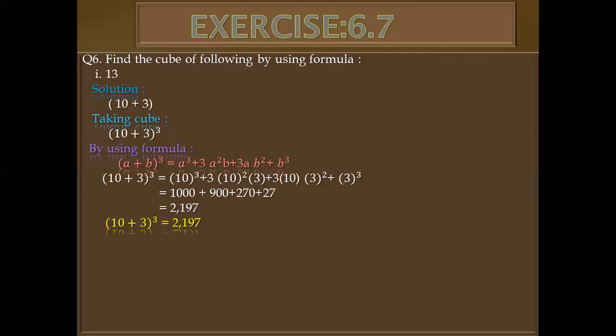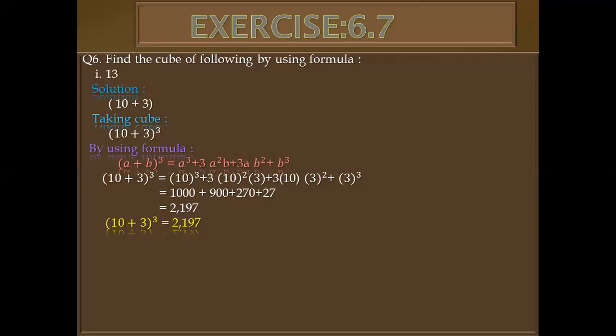Question number 1. Find the cube of the following by using formula, the same as we have done in exercise 6.1, in which the question was to find the square of the numbers. If 54 is given, we split it into 50 plus 4, or also we can split it as 60 minus 6, and then apply the formula and take the square of those numbers. The same method is here, but we will apply the cube, because in the question they mentioned using formula.